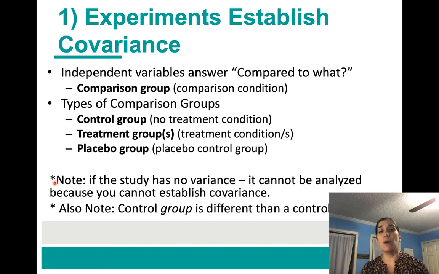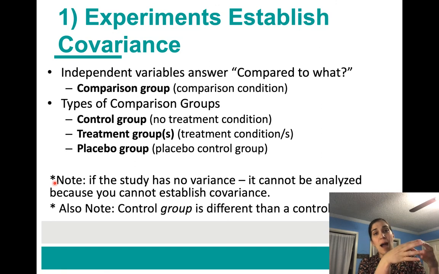And then we also have our placebo groups. Placebo groups are very common in medical studies, or when we want to see the effectiveness of a drug. So a placebo control group is essentially where you give somebody something, but it is inert. It has no effect. So for drugs, for example, let's say I wanted to see the effect of a new drug on depression, just sticking with the depression example.